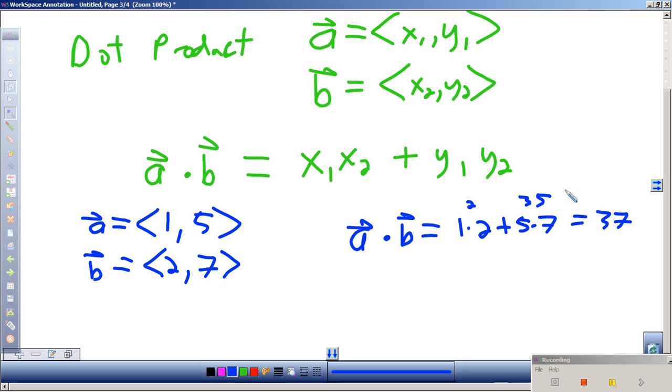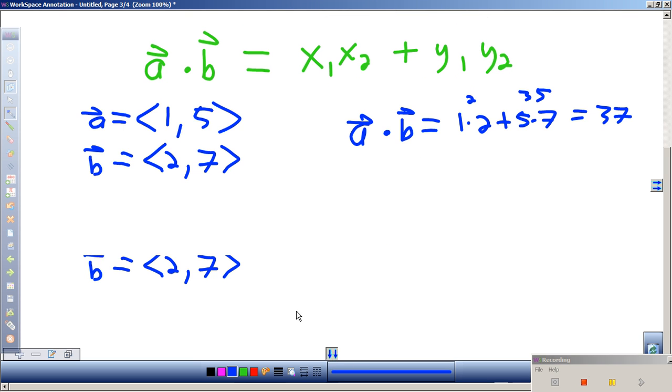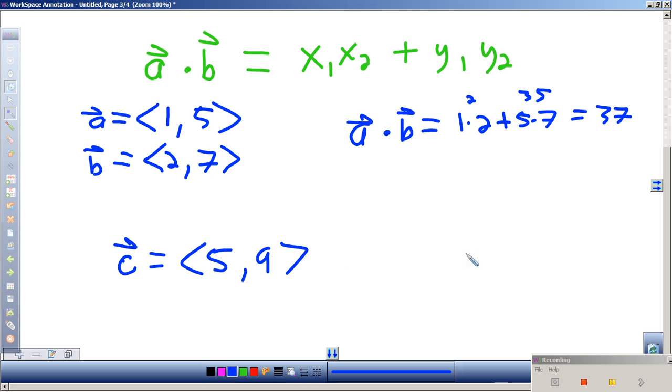Now, our dot product is not going to be unique. Meaning, if I told you the dot product was 37, could you get me the two vectors? No. Could you get one of them? Okay? If I told you one of them, could you get the other? So let's say if I gave you C equals 5, 9, and I told you C dot D equals 40.